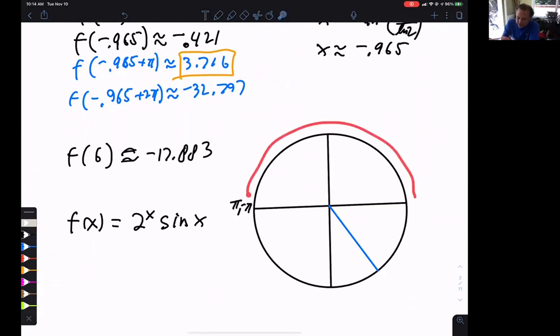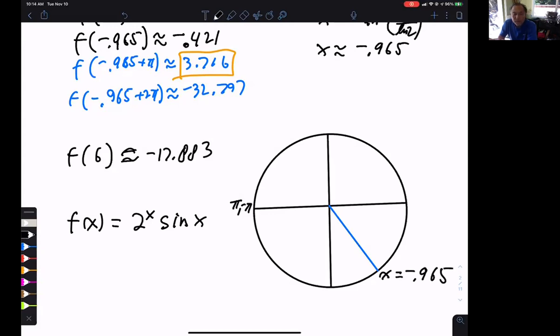If you go this direction, positive pi. If you go this direction, negative pi. And pi is about 3, and that's about -1, so -1 is about 1/3 of the way. Okay, so this is where your angle is -0.965.